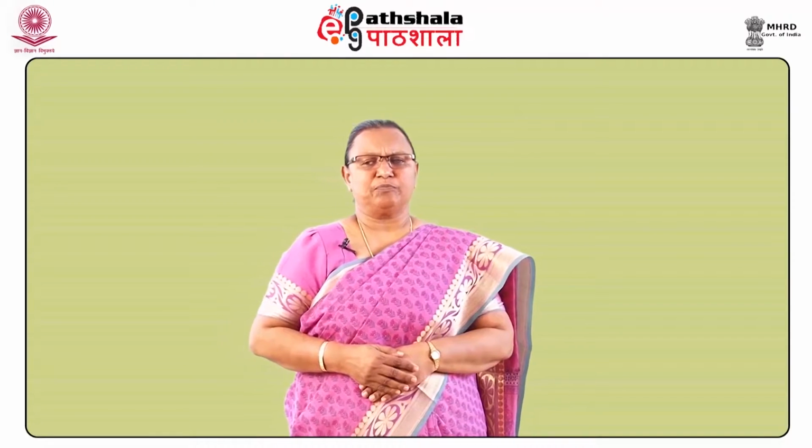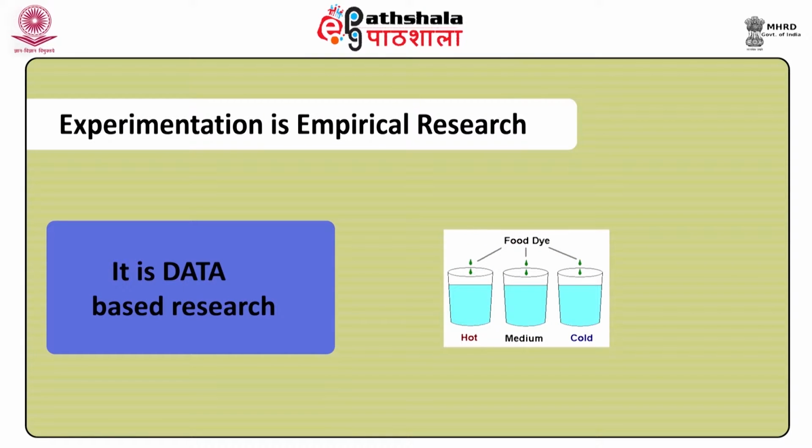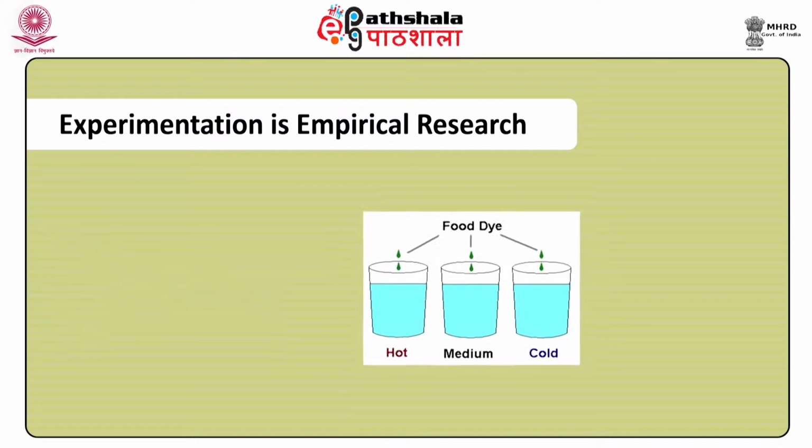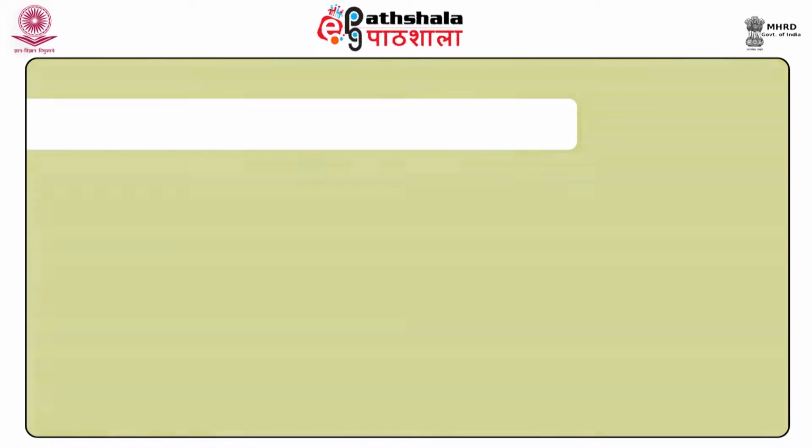For a small example here, we have 3 glasses of a solvent which are at different temperatures, hot, medium and cold, and we have a food dye. The dye is dissolved in these 3 different glasses of solvent, and we will check how much of the dye dissolves in this medium.